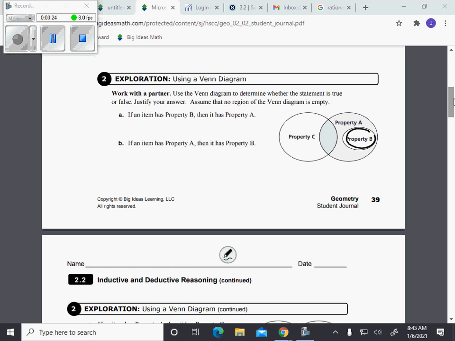It's this right here. Then it has property A. Is that true or false? It's true. Why? Because property B is contained by property A. So all property B is in A.